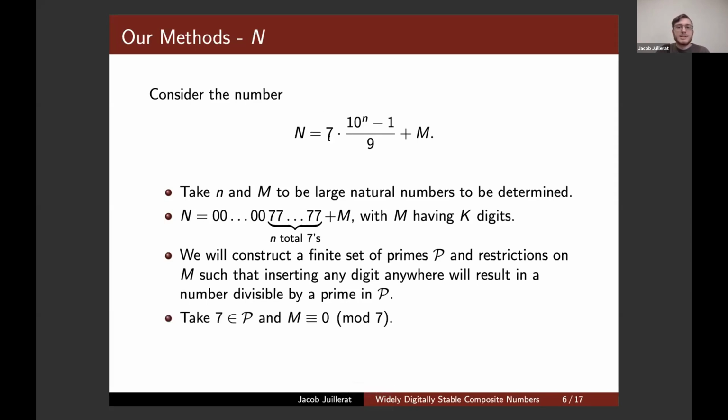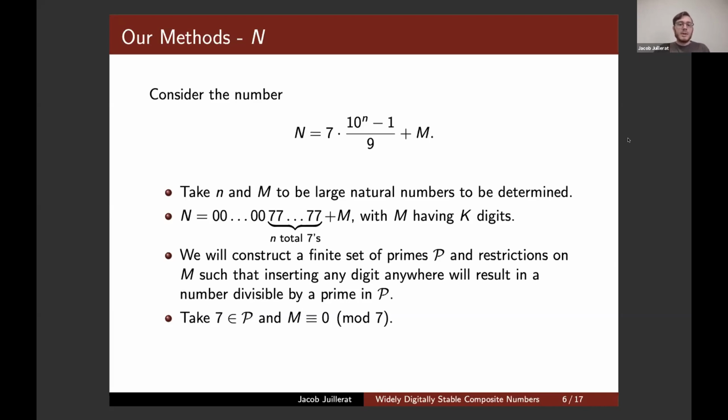So why do we have this 7 in front? This 7 makes the leading sevens, and the reason we wanted sevens there instead of 1s or 3s or something is if we take 7 to be in P and we let M be congruent to 0 mod 7, then N is divisible by 7. So we start with a composite number, which is good because that's what we wanted.